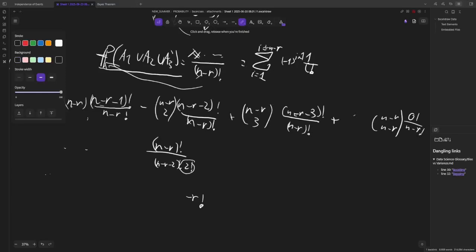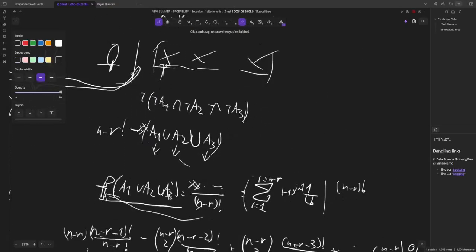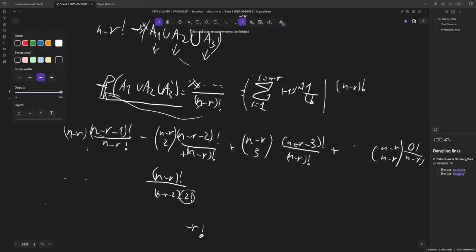And of this, you have to multiply it by n minus r factorial, and this is the number of ways to arrange this. Now I have n minus r factorial minus all of these combinations.